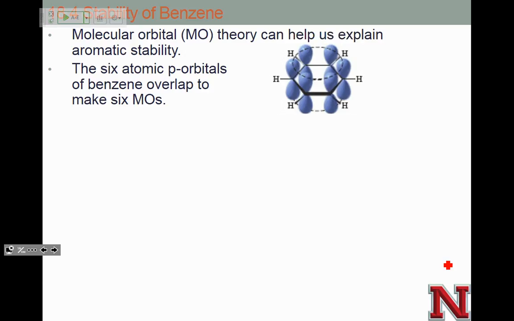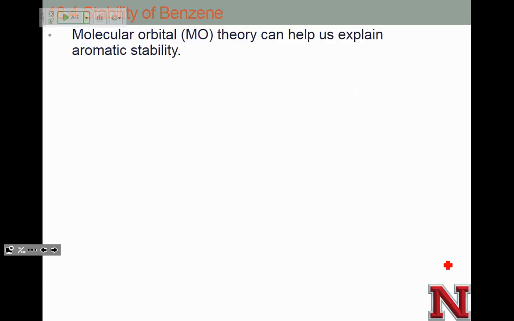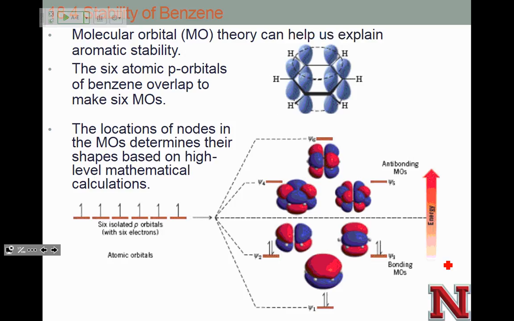They're not linear. So what the orbital diagram is going to look like for benzene is this. Our lowest orbital is still going to be the same. All of our p orbitals on the top are going to be shaded. All of our p orbitals in the bottom are going to be unshaded. And our highest orbital is again going to be the same. We're going to have all up, down, up, down, up, down.